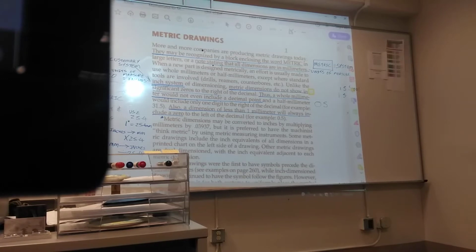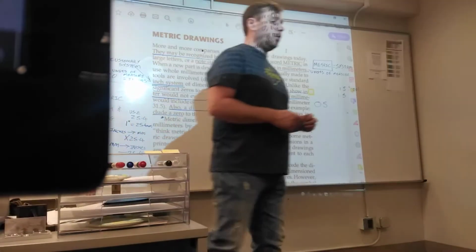What's the difference between the way the book calculates and using the 25.4?